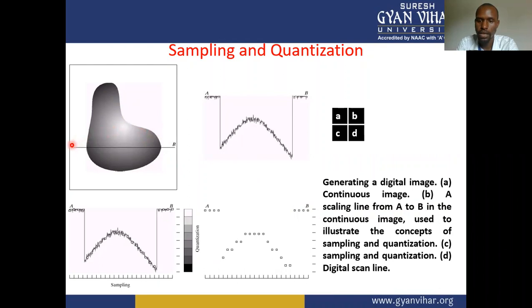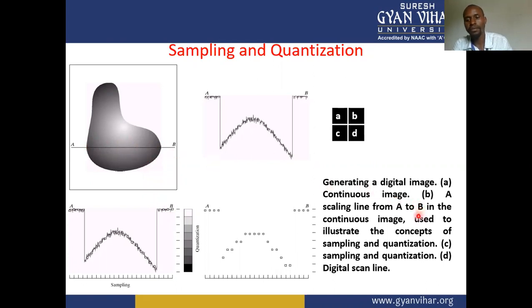This scale line assists us in converting this image into sampling and quantization. Why is that necessary? Because as we move from A to B, we have regions that are darker, where I'm pointing, regions that are slightly darker or brighter, and then back to darker patches. By so doing, this scale line helps us to represent that.